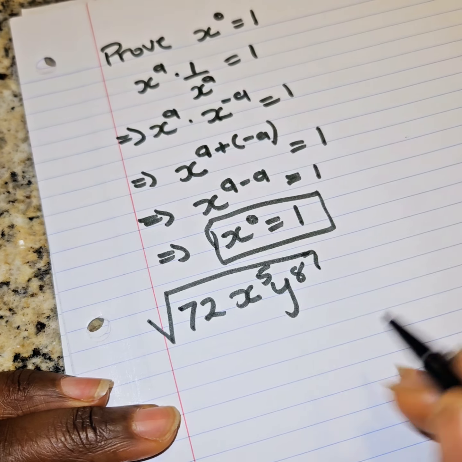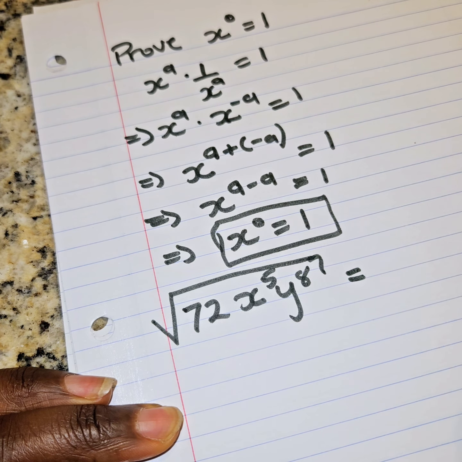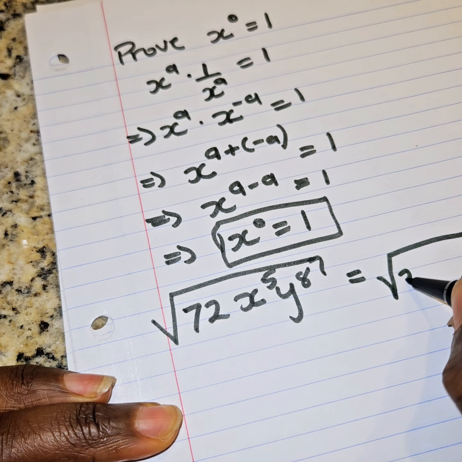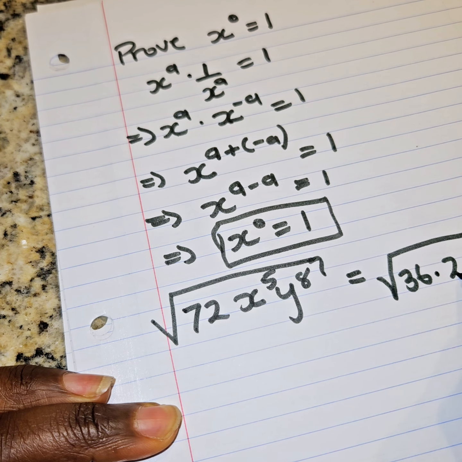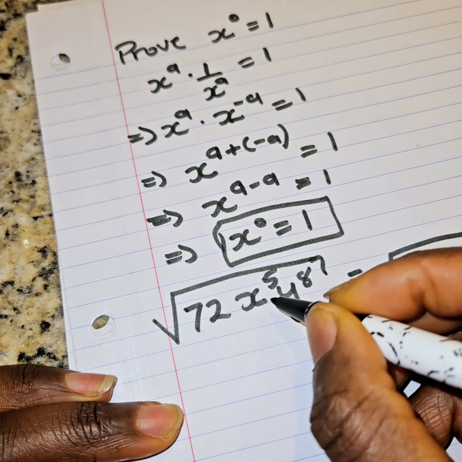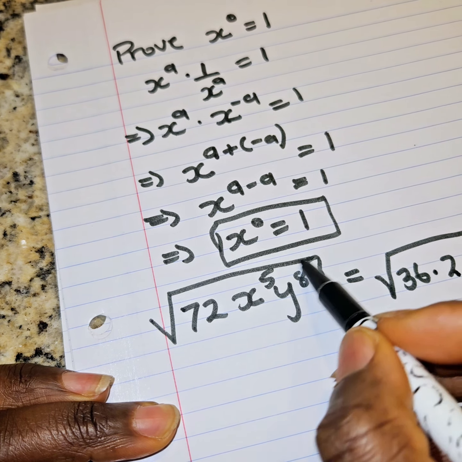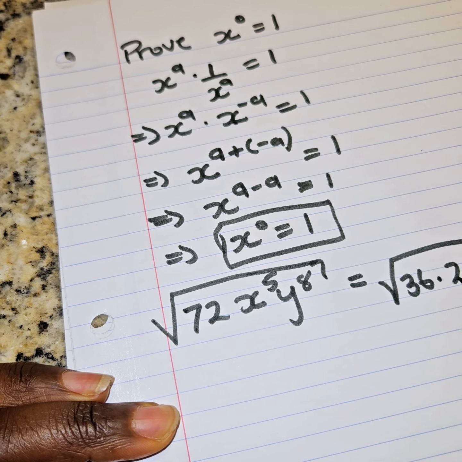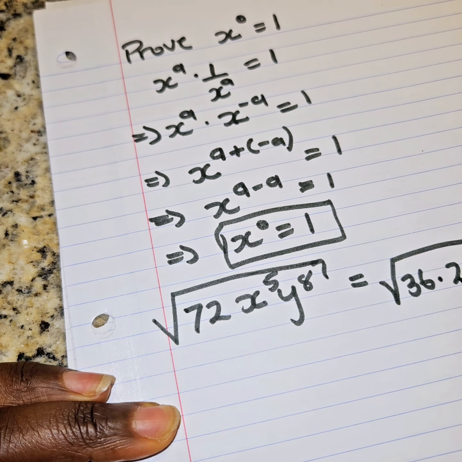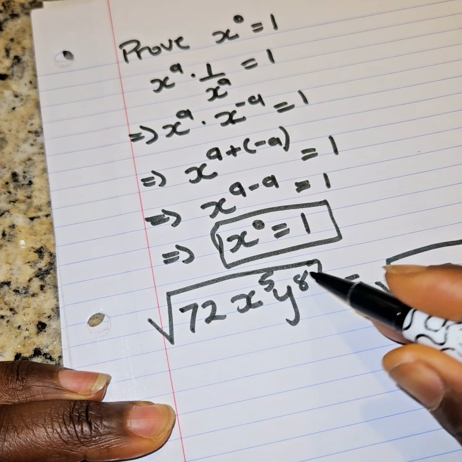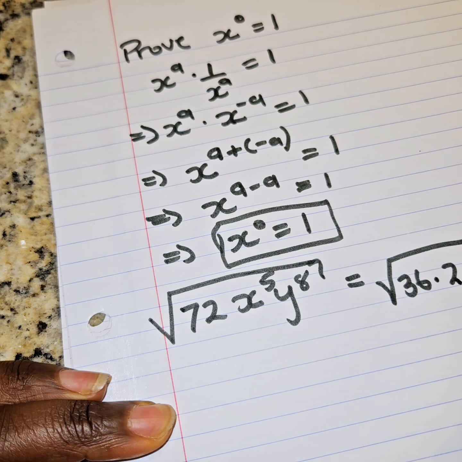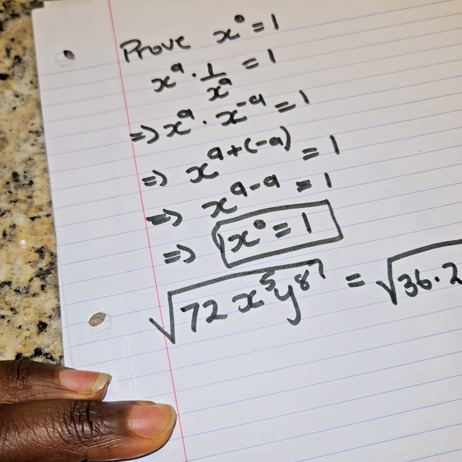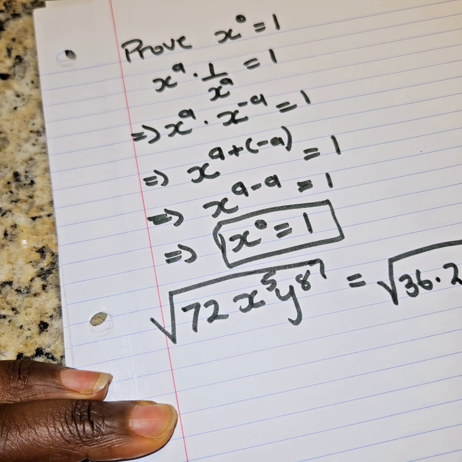So for me to simplify this, I can start by rewriting that as 72 is 36 times 2 times x to the, because of the square root sign, I'm trying to write it in a way that I'm going to be able to find the square root of some of the things. So I can write x to the 5 as x squared times x squared times x. I could just have written it as x to the 4th.